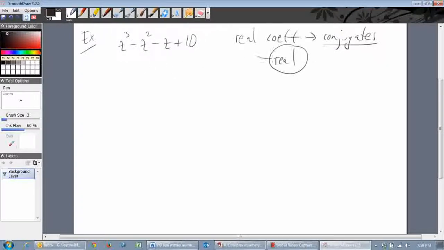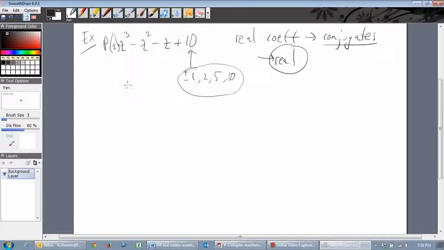So let's try and find that real root. Looking at this 10, it's got to be a factor of 10, whatever this root is. So it's either going to be 1, 2, 5 or 10, and that might be any of these plus or minus. So they're the numbers that we need to search for. Let's call this polynomial P(z).